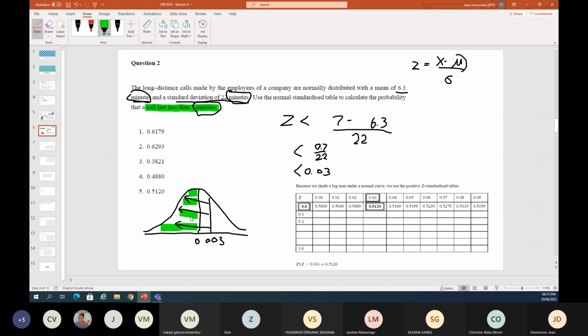Anybody? How big is this area in green? If the mean is there at 0, what is the size of this green area?